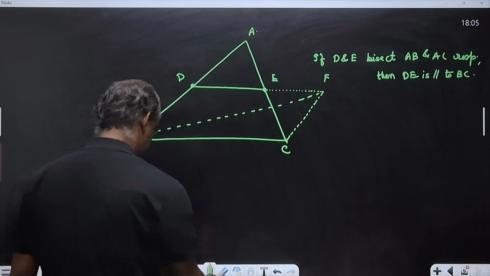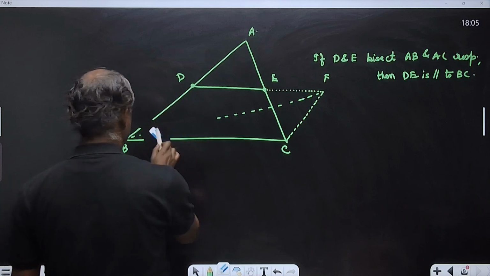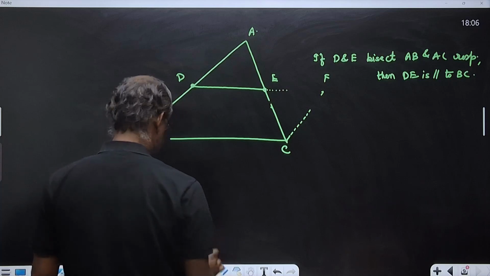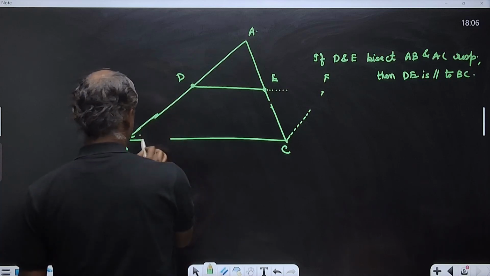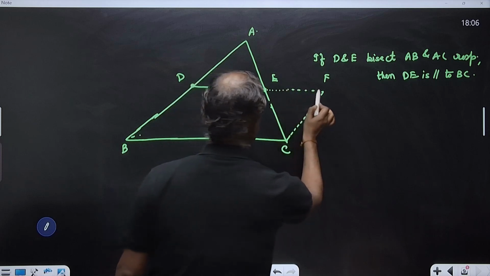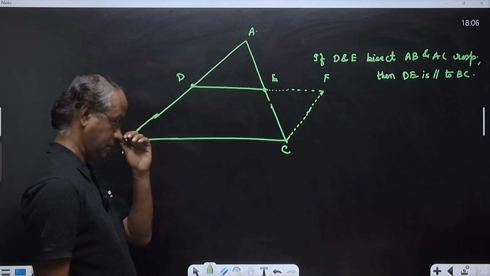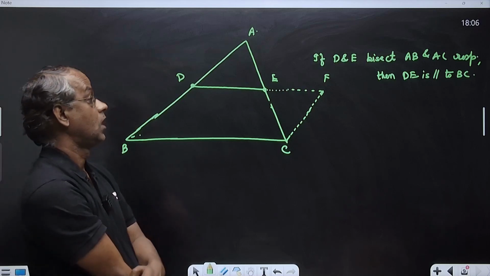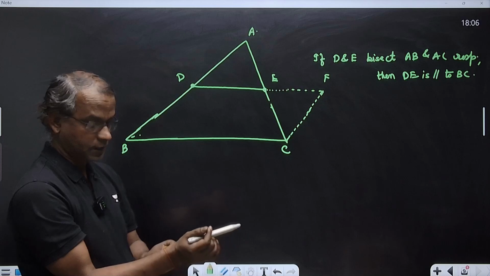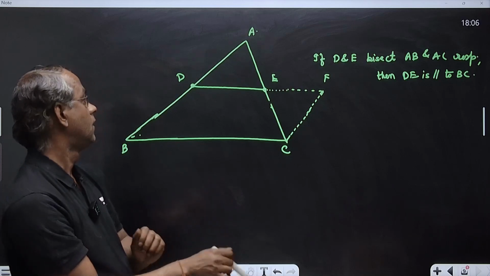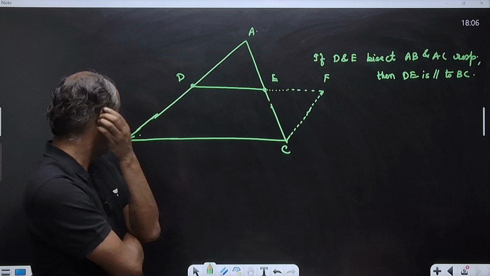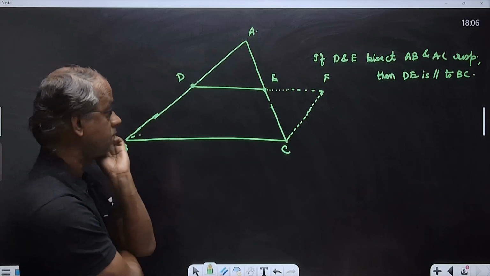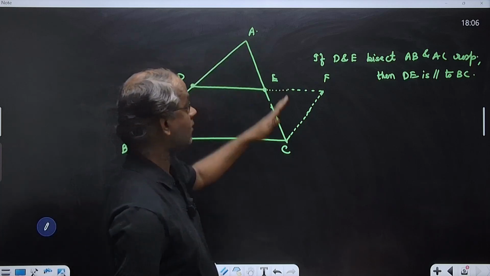Okay, we extend it like this. So are you able to see something? Or you can draw something parallel to this and then extend it.